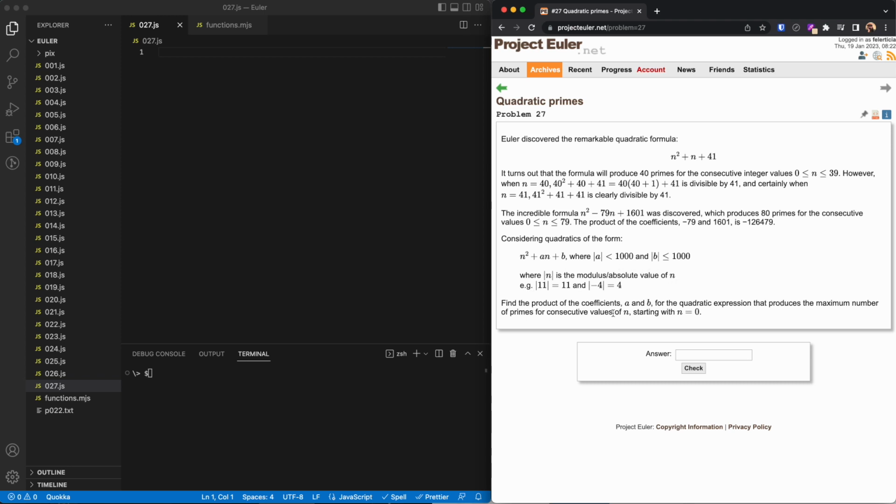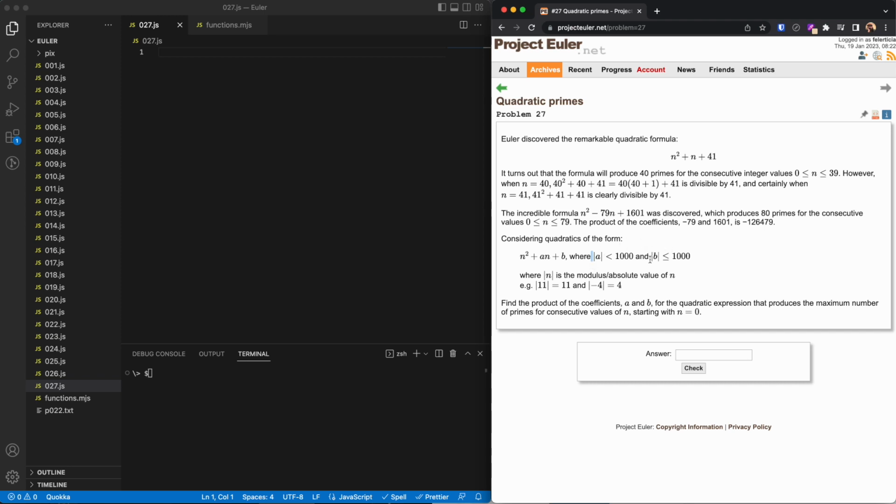As we said here, find the product of the coefficients a and b for the quadratic expression that produces the maximum number of primes for consecutive values of n. That was a mouthful. So right, what we should do is go with one for loop for a from minus 1000 to plus 1000, and one for b the same from minus 1000 to plus 1000.